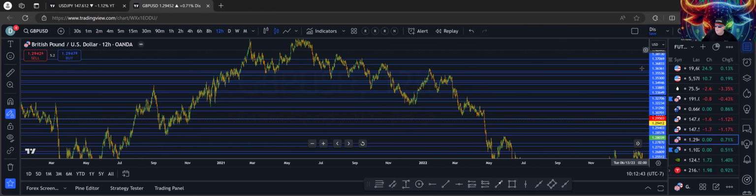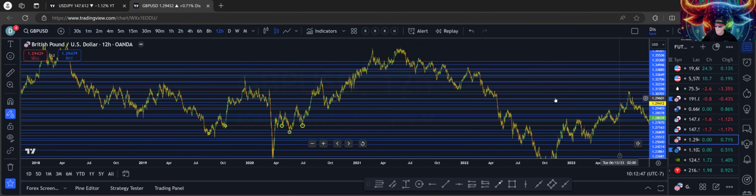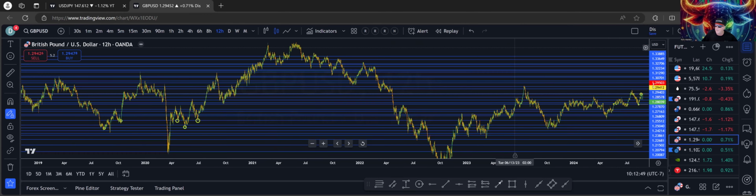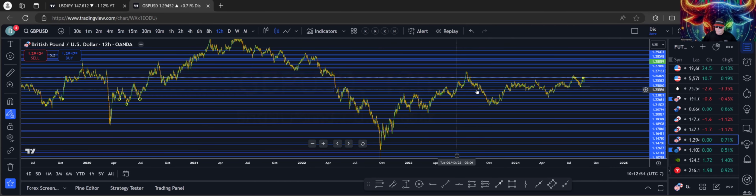There are traders successful at gambling. There are traders successful at support and resistance, supply and demand. Absolutely. There's a reason that some traders are successful in those areas.